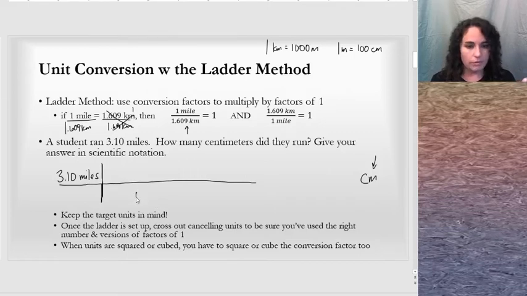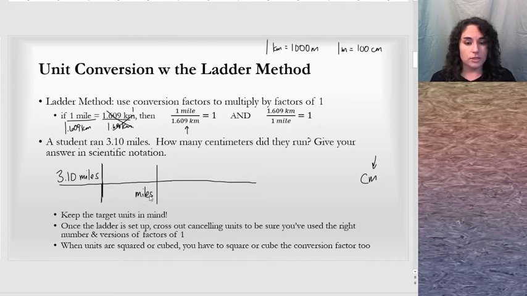If I put a factor of miles down in the denominator, I can see that the miles on top would cancel with the miles in the denominator. So when I look at my conversion factors of 1, here's my conversion factor. 1 mile equals this many kilometers, but it equals 2 versions of 1, one over the other. They're both a factor of 1.